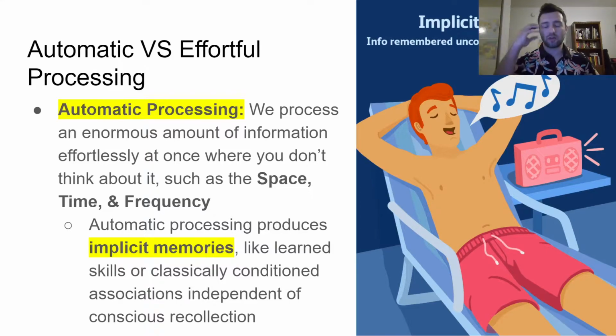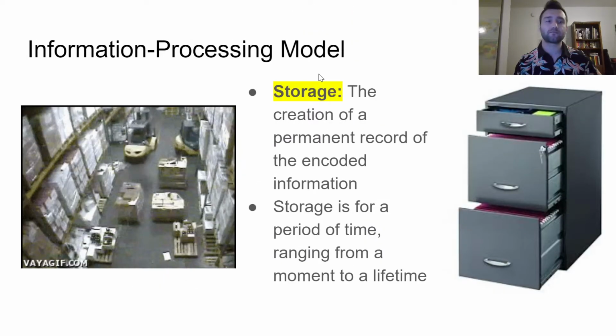It's something that we don't consciously know we've connected. Again, that's because it's happening through this automatic processing. It's creating an implicit memory that is separate from conscious recollection. So these are things that we can't pinpoint. It's just naturally happening on its own.